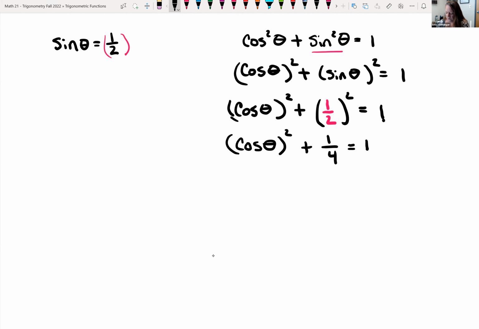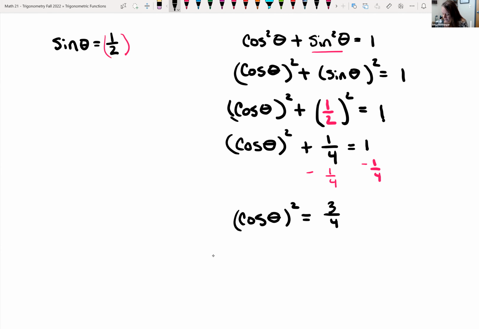So we can isolate cosine squared theta on one side of the equation, and then we can use our square root. And so if we subtract 1/4 from both sides, we need to think of this as having a common denominator when we're subtracting fractions. So 1 can be rewritten as 4/4. So we get that cosine theta squared is equal to 4/4 minus 1/4 is 3/4.